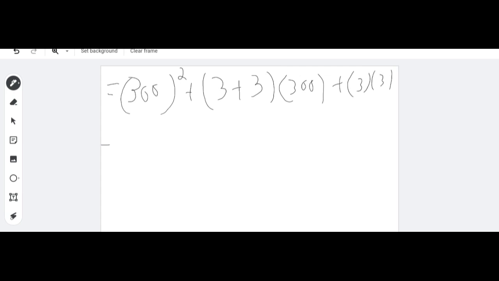So 300 square will give us 90000. And plus 3 plus 3.